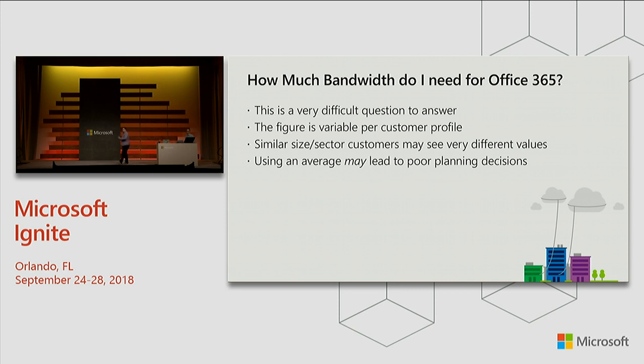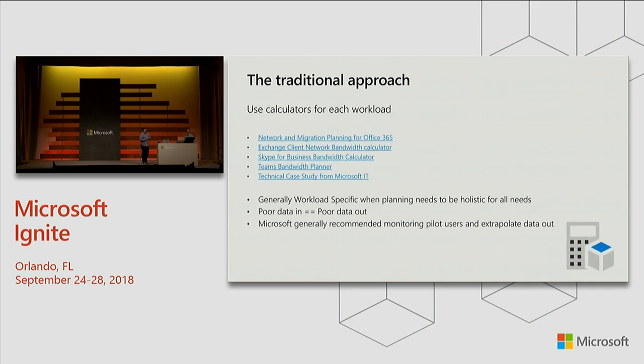So if you're making major infrastructure changes and planning and cost spending based on averages, it's not going to work for you. It's not a good option. So, if you use that average, you may lead to poor planning decisions. So the traditional approach to answer this question was we have calculators for various products.